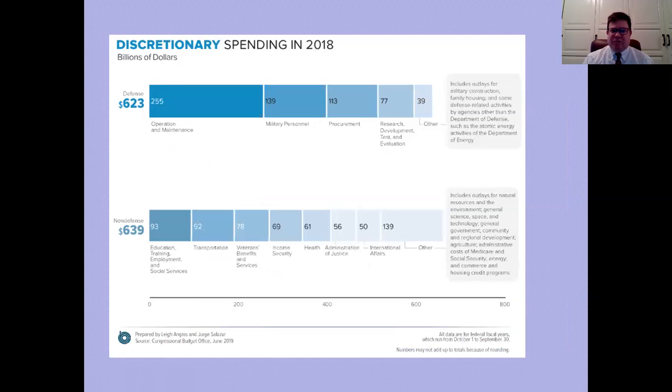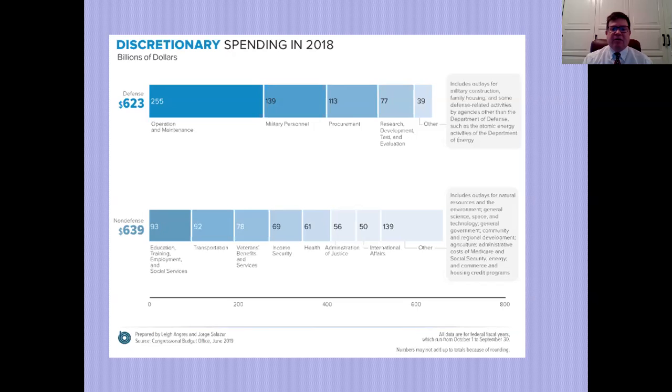What about discretionary spending? Well, we usually divide discretionary spending into two categories. The first is defense, and the second is non-defense. And what you see is that those two categories are pretty much equally split in half. So we have a little bit over $1.2 trillion being spent on discretionary spending, and about half of that goes to defense, half to non-defense.